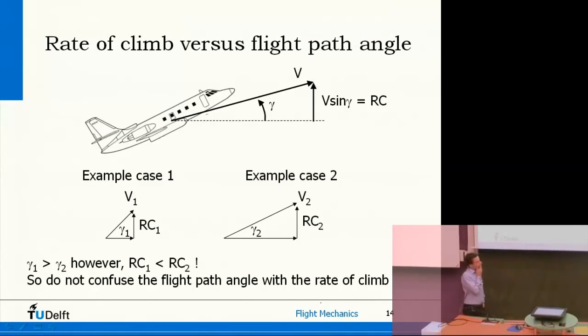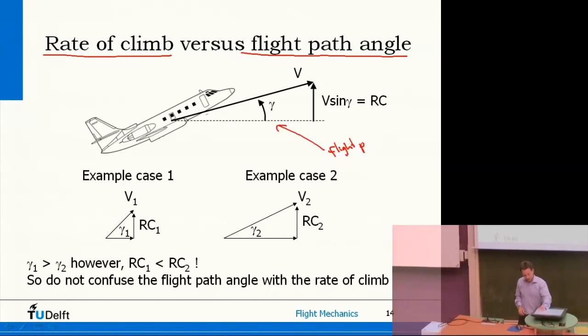So then I told you there's a time parameter and an angle. This means there are two things that are important to look at. One is called rate of climb, and the other one is flight path angle. So if you look here, then the flight path angle is simply the angle gamma.